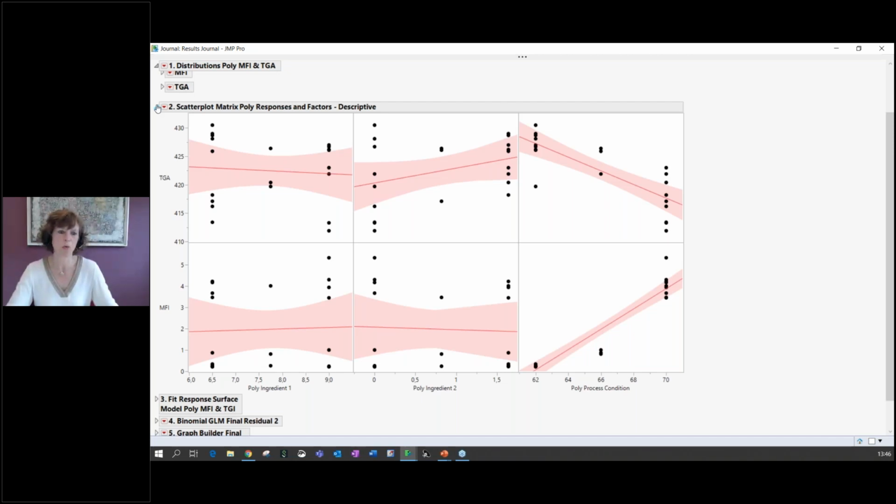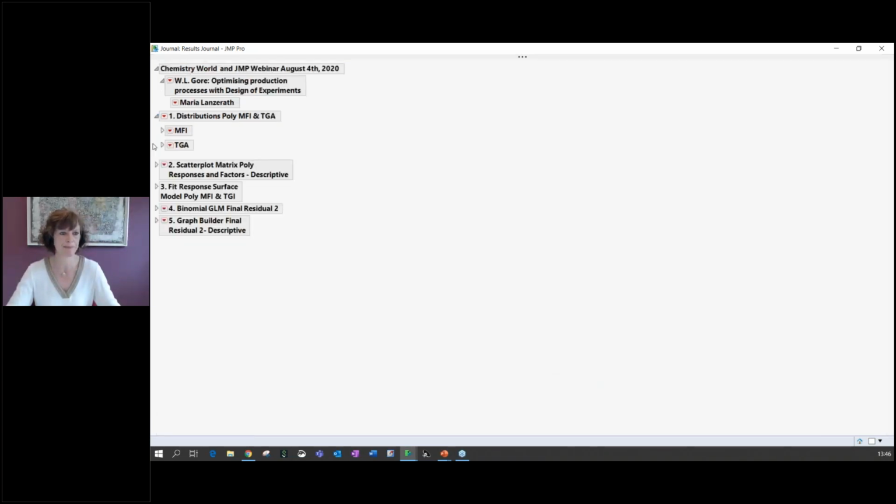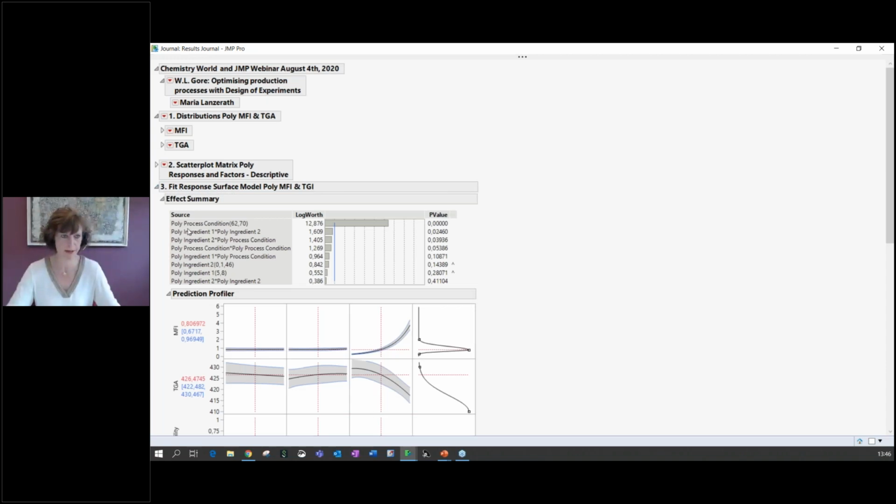Okay, now what is a good process setting? For that, we are looking into a response surface model that I have fitted already. And in this effect summary, that is a great summary of all the effects in your model, so your main effects, your quadratics, and the interactions for those 3 factors.